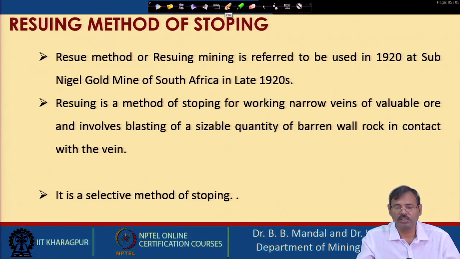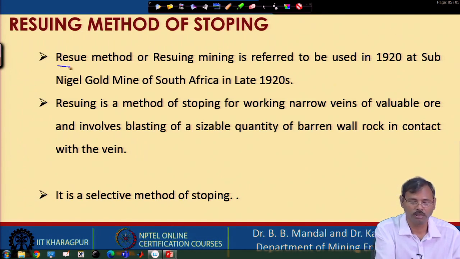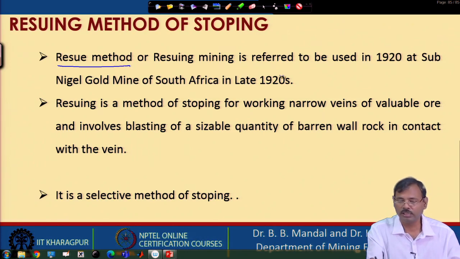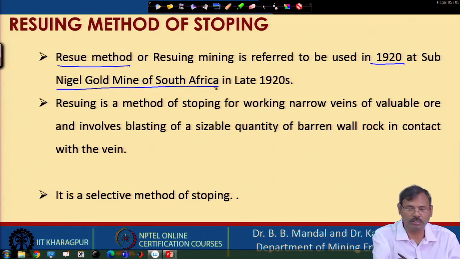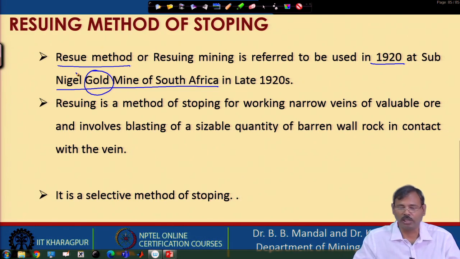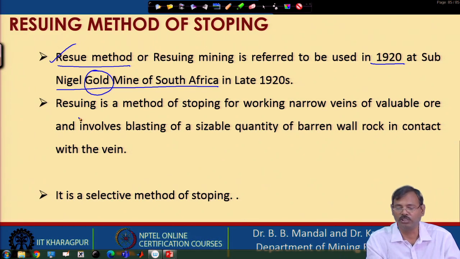So, let us first discuss the resuing method. The resuing method, also called the resue method, was first practiced in 1920 in the Sub-Nigel gold mines of South Africa. You can see this is a gold mine. As there was a narrow vein, this method was developed for carrying out excavation of the gold deposit in South Africa in the late 1920s.